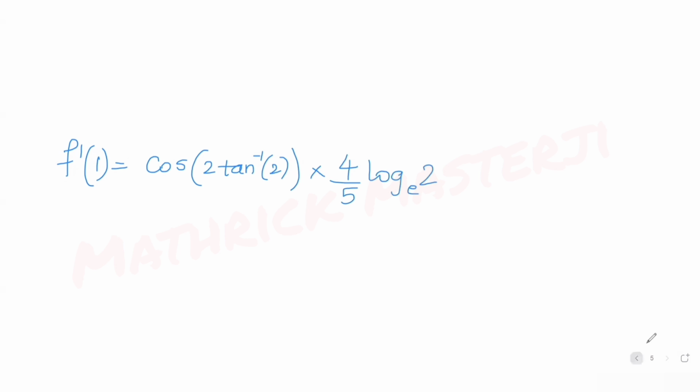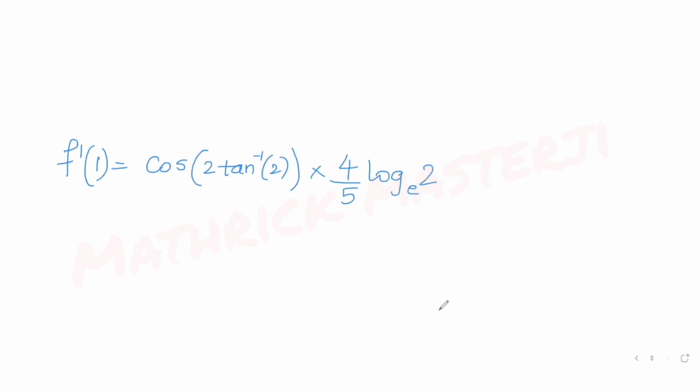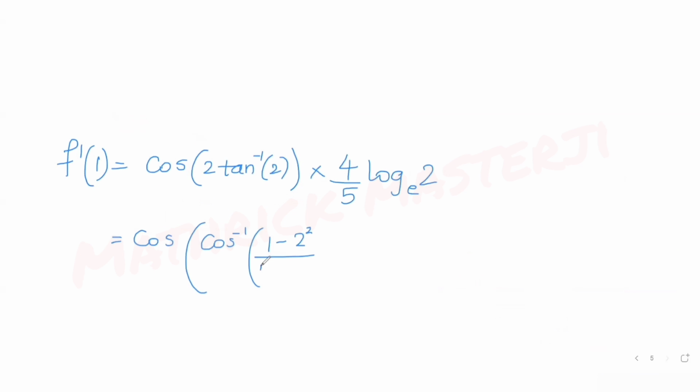Now once you have cos of 2 tan inverse of 2 here, I know already 2 tan inverse of x, I can just substitute it as cos inverse of 1 minus x square upon 1 plus x square, right? So instead of x, you are writing that as 2. So it becomes cos of cos inverse 1 minus 2 square upon 1 plus 2 square into 4 by 5 log 2 to the base e.